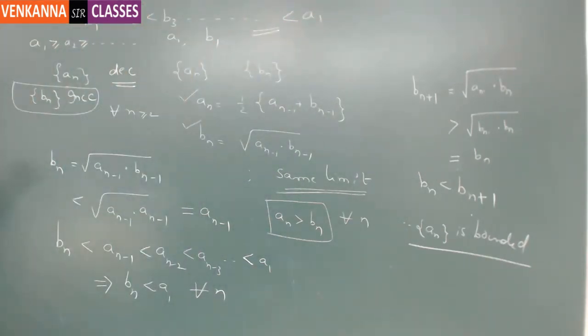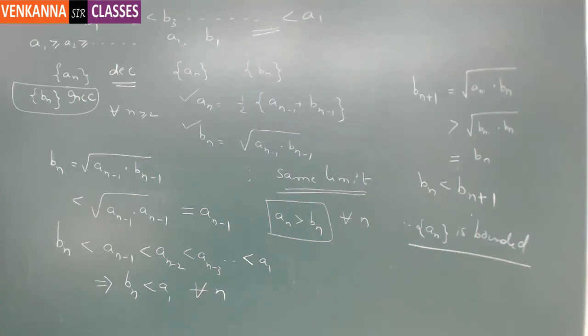Therefore, the sequence bn is a bounded sequence. Fine. Any questions, please? We are just using the recursive formula to get the bounds.